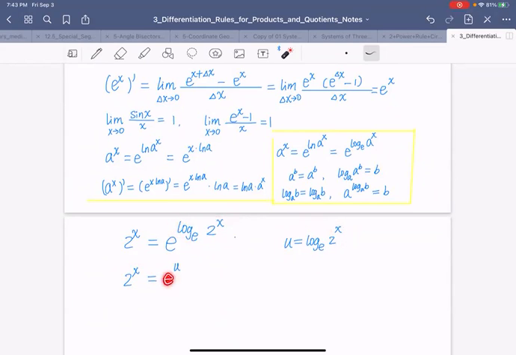Look, this is an exponential format, an exponential equation. In your algebra 2, when you learned the log, if you have this equation, u should equal log base e of this. Does everybody agree with me?